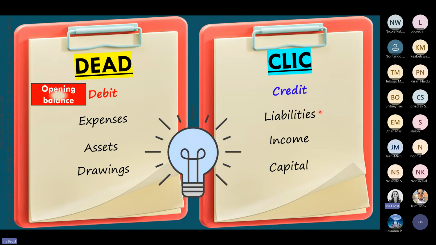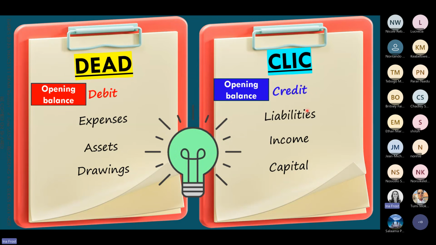In other words, if I say debit, it means that's where the opening balance is going to go. And on this side, for liabilities, income, and capital, if I say credit, I mean that's where I'm going to place the opening balance.